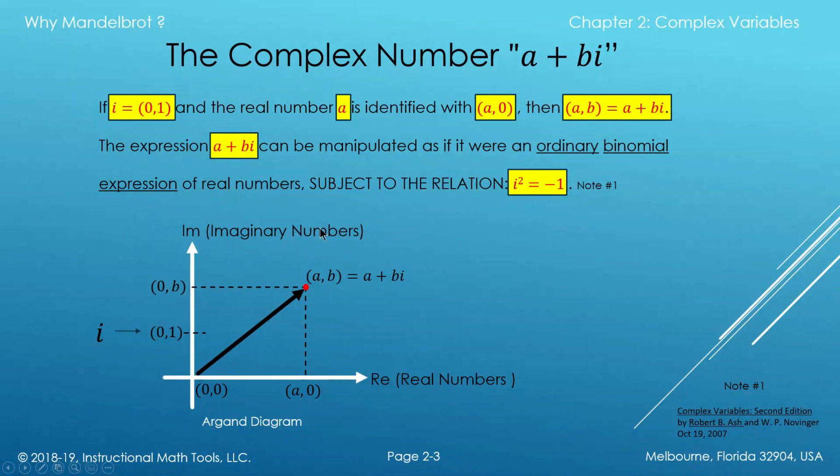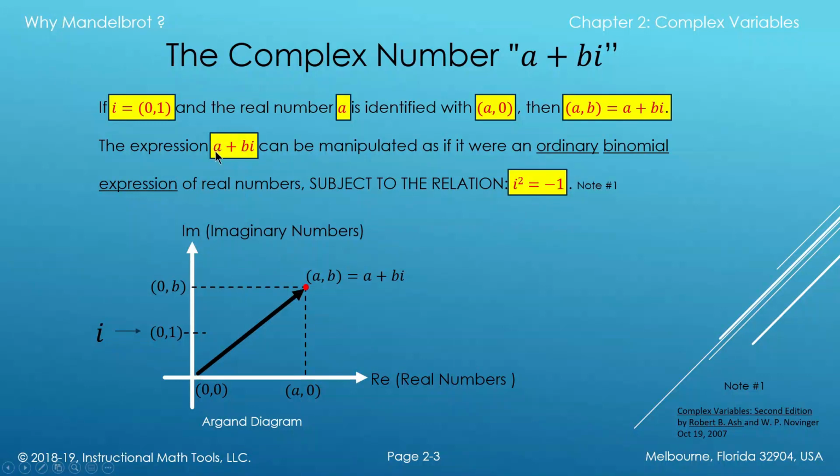Now this expression a plus bi can be manipulated as if it were an ordinary binomial expression of real numbers, subject to the relation i squared is equal to -1. Now let me say what that means.